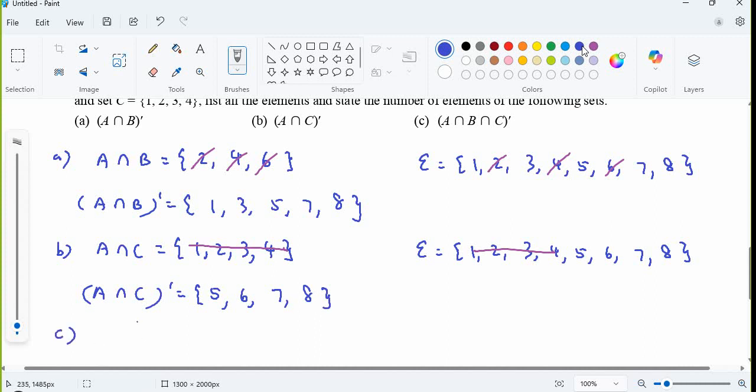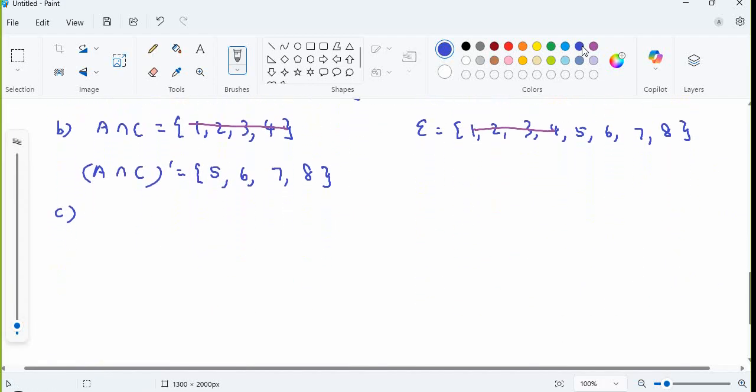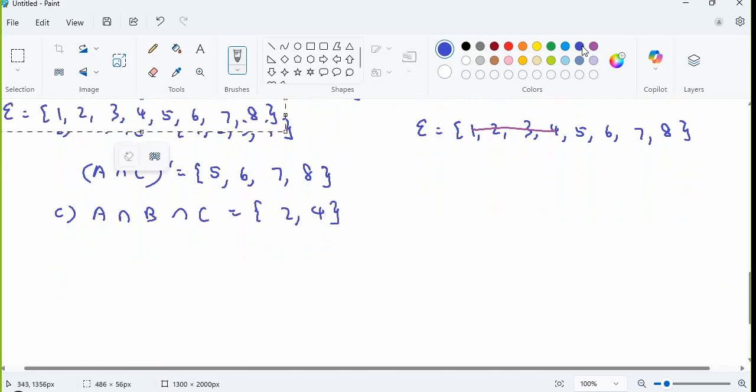And for C, we want to find A intersect B intersect C. All have 2 and all have 4. So A intersect B intersect C is 2 and 4.